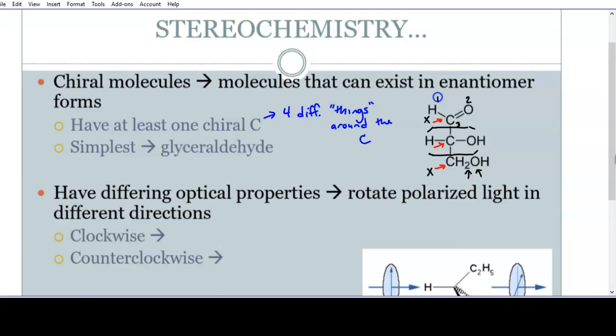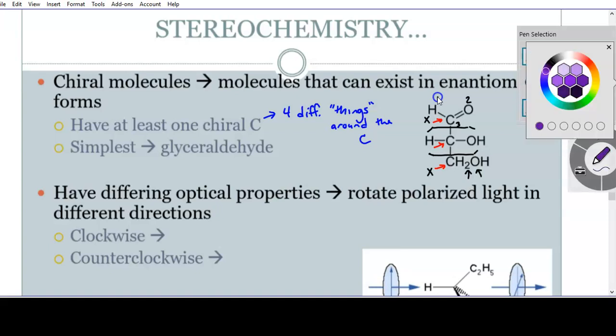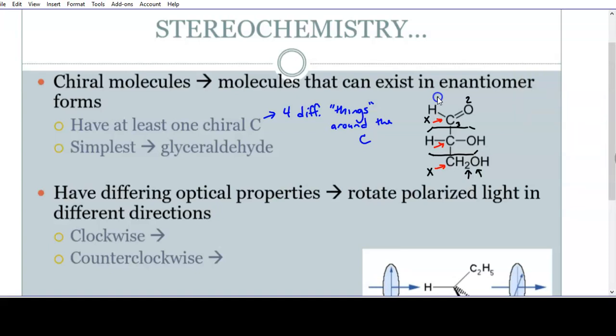The carbon in the middle, however, is a chiral carbon because it has 1, 2, 3, 4 different groups around the center. So this is your chiral carbon. Okay, it's different groups, not bonded to different things, right? It's carbons, they're just different carbon groups.